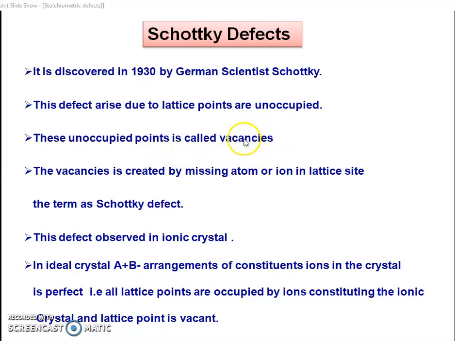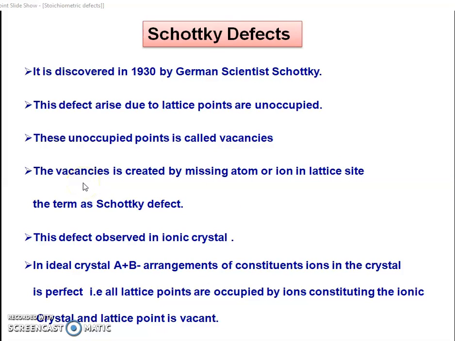Do you know vacancies? Vacancies are the free space present in the crystal lattice, or the unoccupied space in this lattice. The vacancies are created by a missing atom or ion in the lattice site.